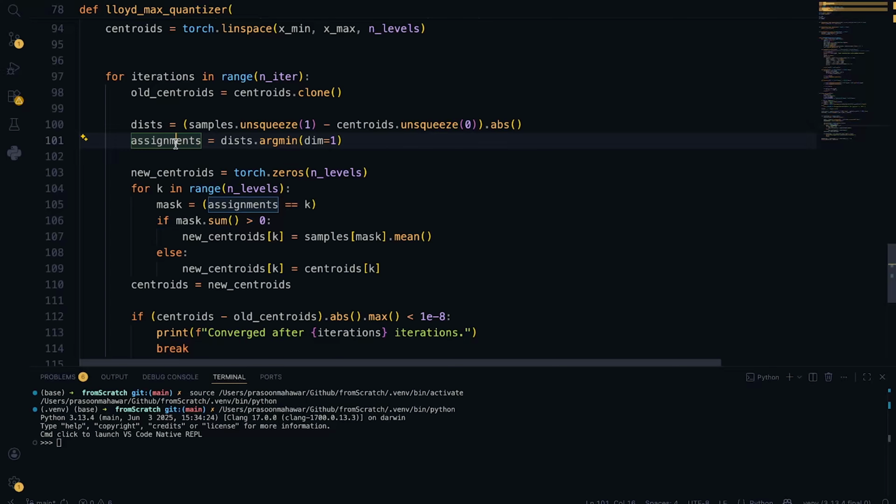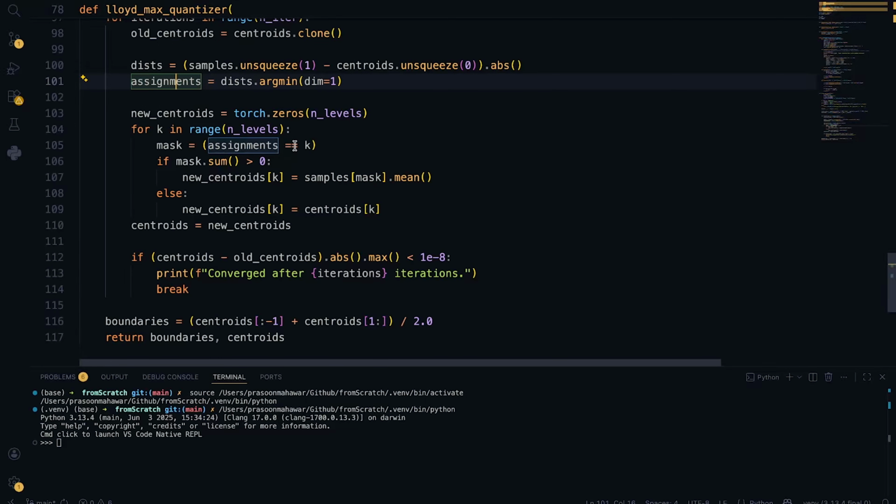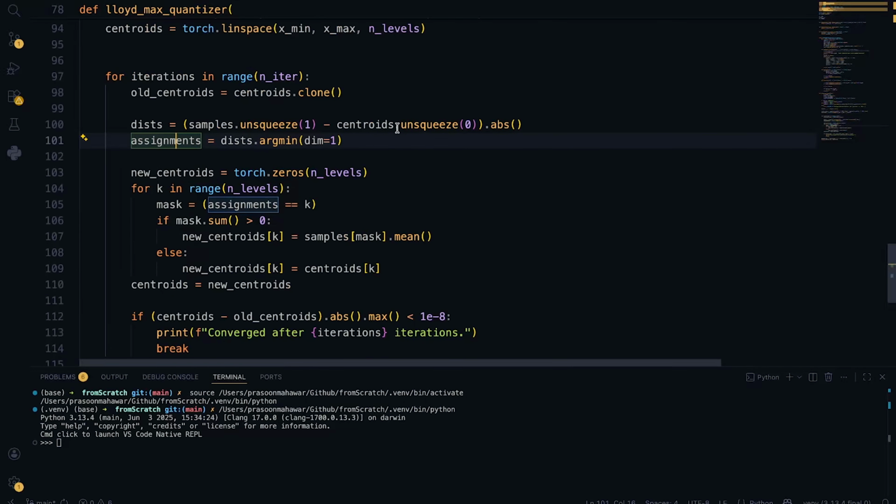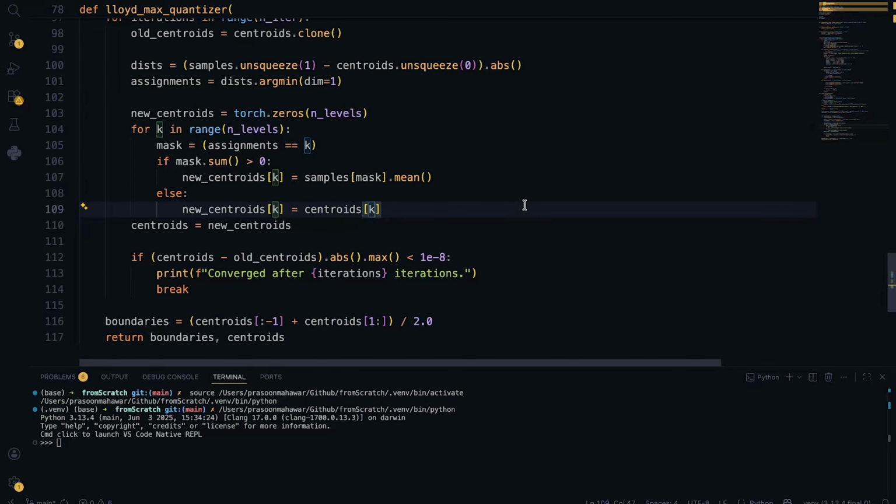This defines the Voronoi partition. Each region is the set of points closer to that centroid than to any other. The centroid update, samples mask dot mean. Where is it? Yeah, sorry.